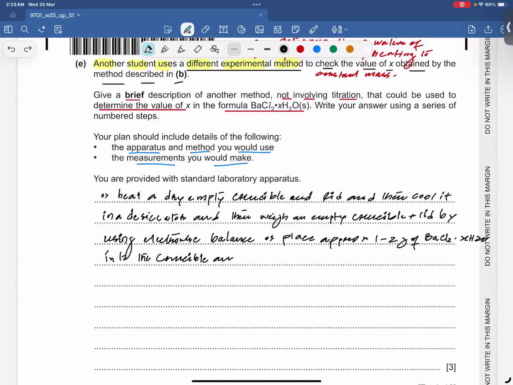And then weigh the crucible plus lid plus hydrated salt. This will give you the mass of hydrated salt.